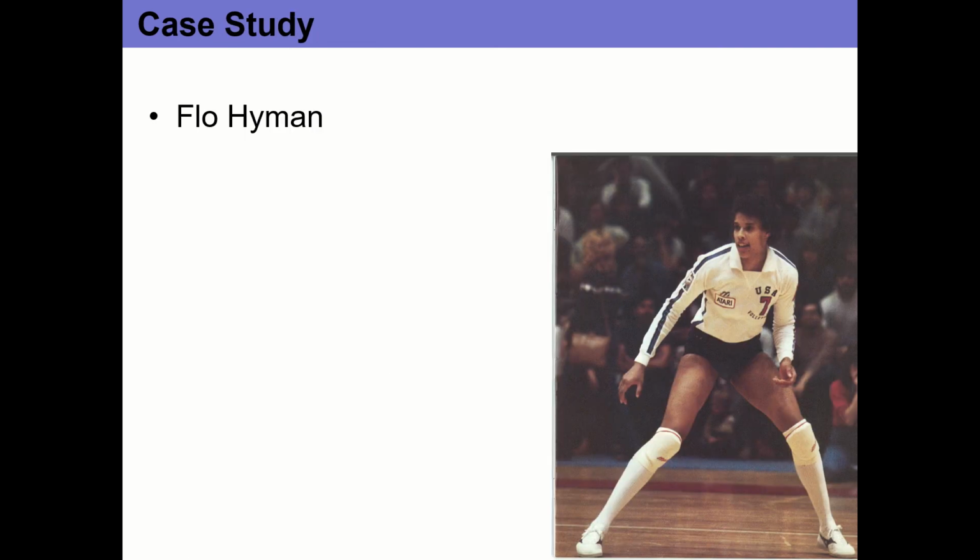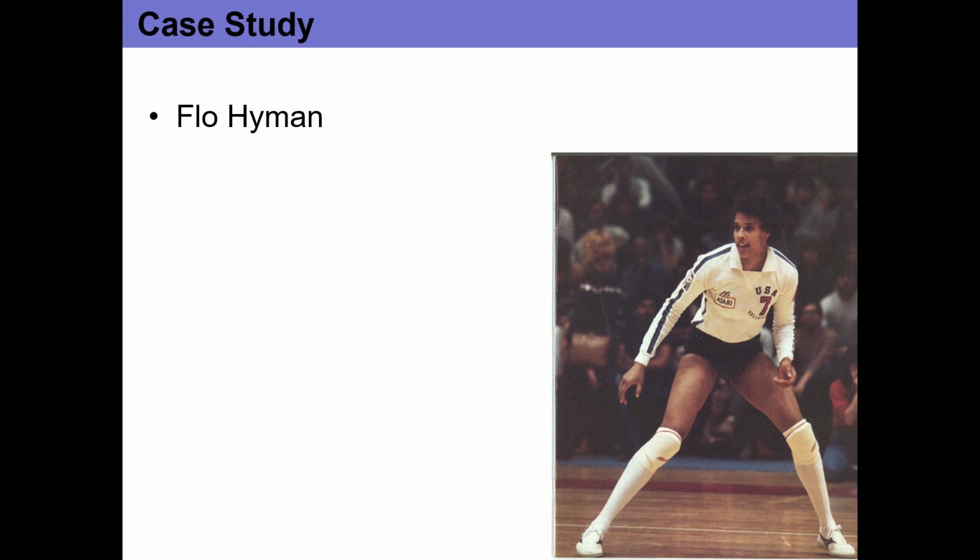Next thing, we've got a case study. So the athlete pictured there is an athlete named Flo Hyman, and she was captain of the U.S. Olympic volleyball team in the mid-1980s. So in a match against Japan in 1986, Flo was pulled out of the game. I think she was feeling okay at the time, but she's pulled out of the game. She goes over and sits on the bench.